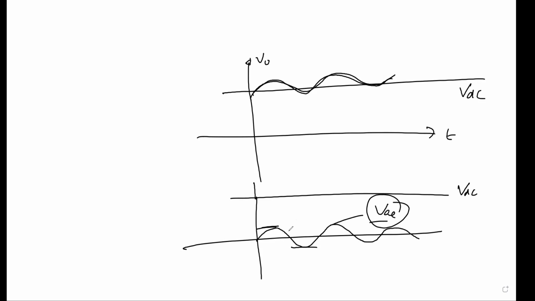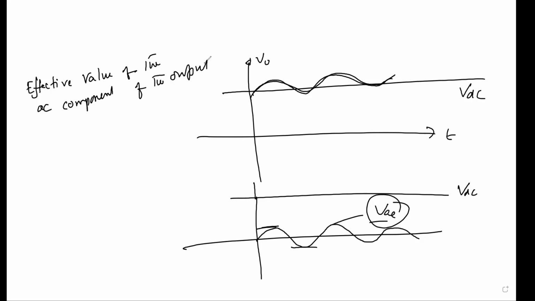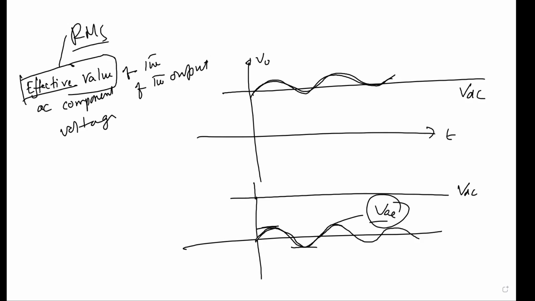So you can find out the effective value of the AC component of the output voltage. Here, effective means RMS, right? You know that. Effective means also RMS. So you want to find out only the RMS value of the AC component.